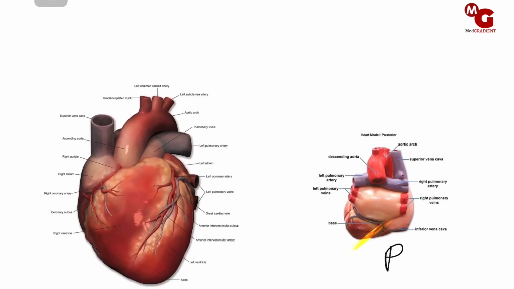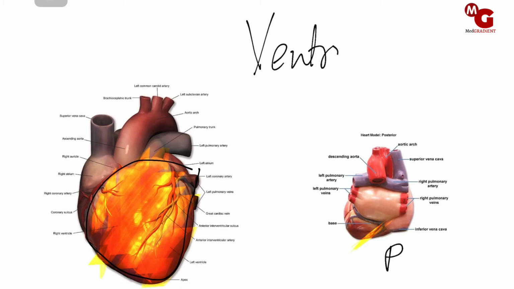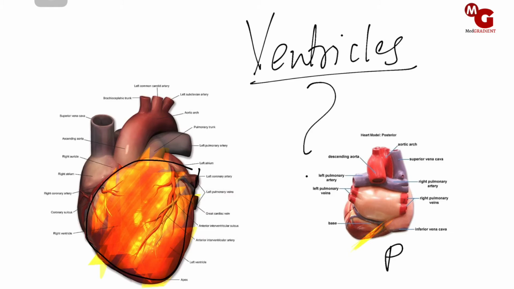Now let's go back here. In this picture we can clearly see that the major part of the heart that we see over here is just what? The ventricles. So where are the atriums?